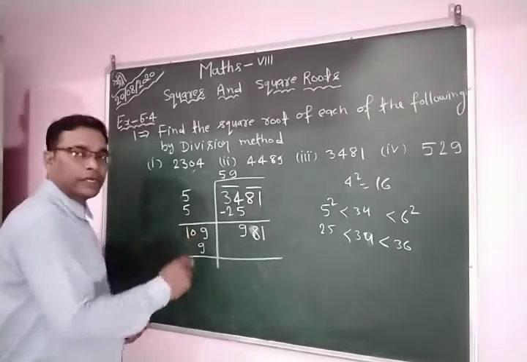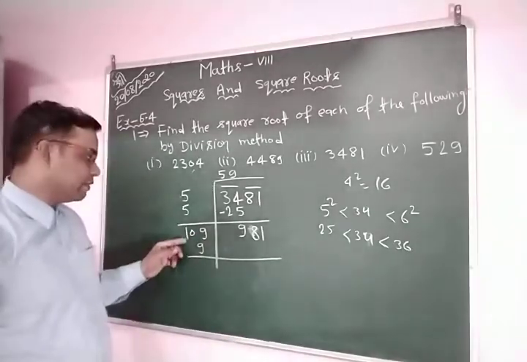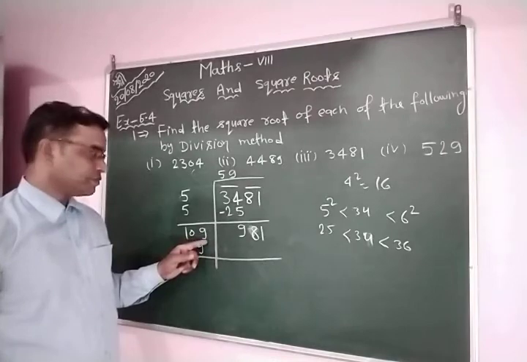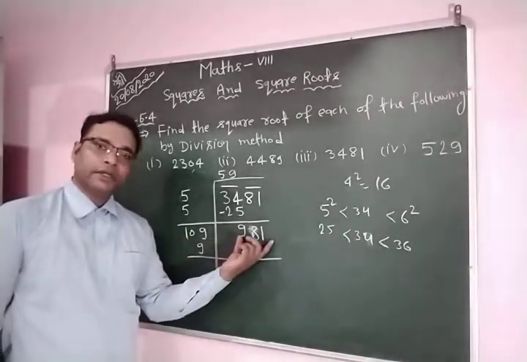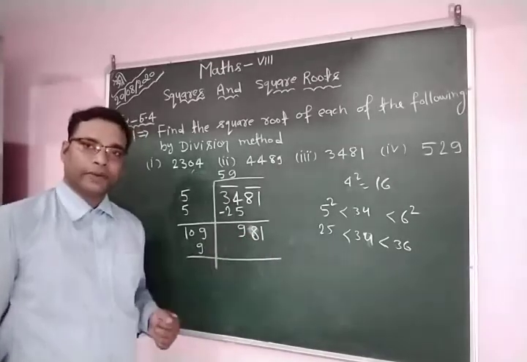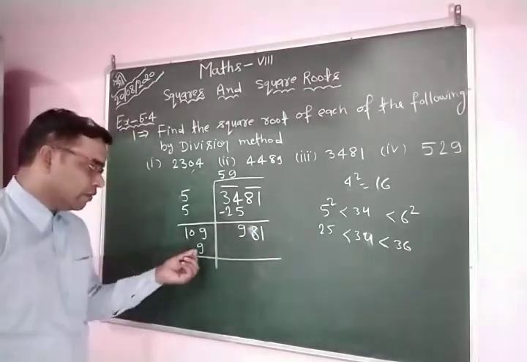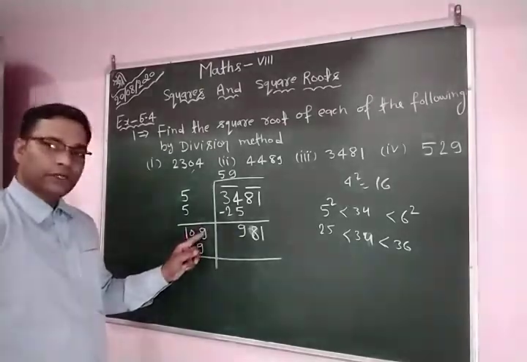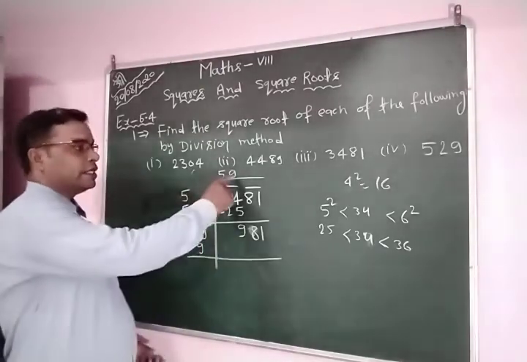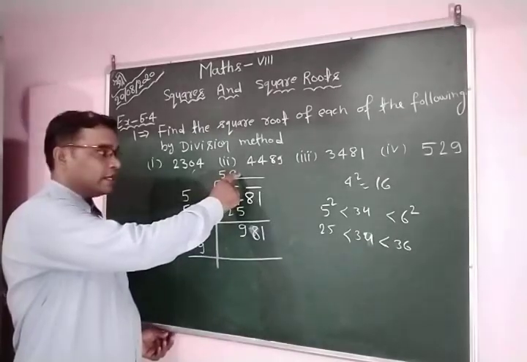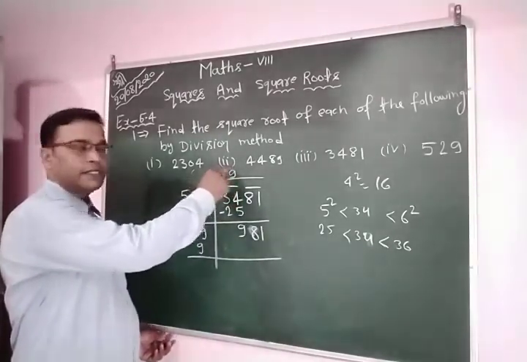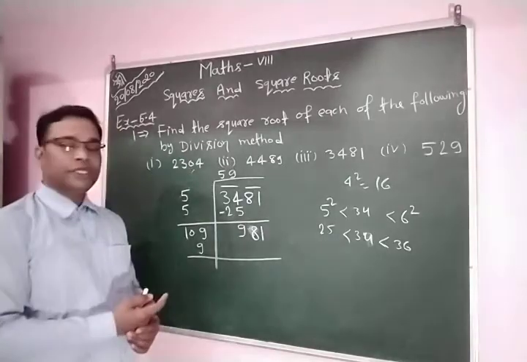This is our new divisor, 109, and this is our new dividend, 981. Then we multiply 109 by 9, and again we write the 9 in the place of quotient, and we find the present quotient is 59.